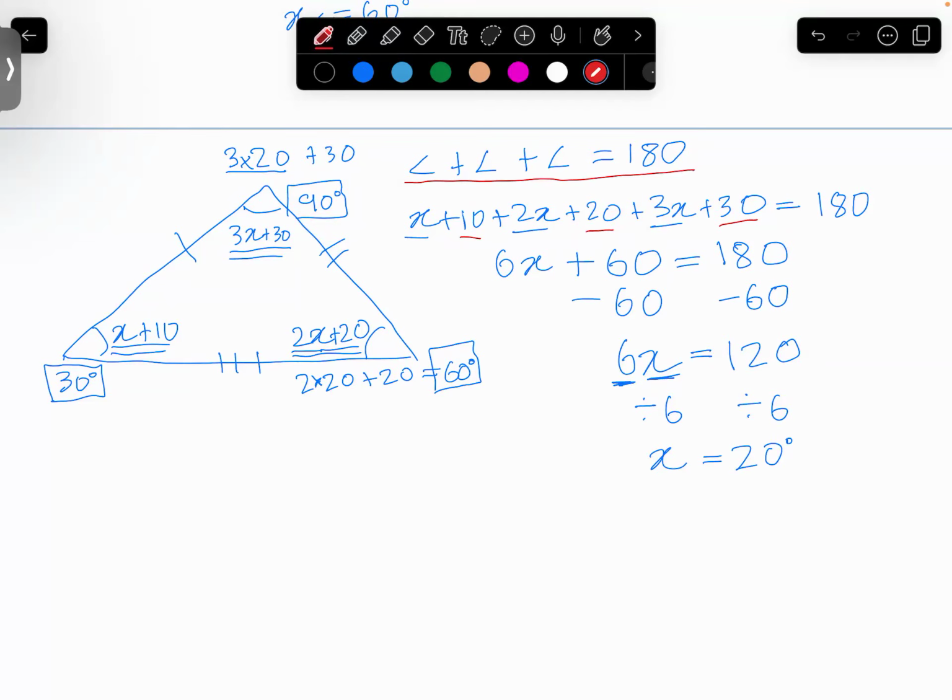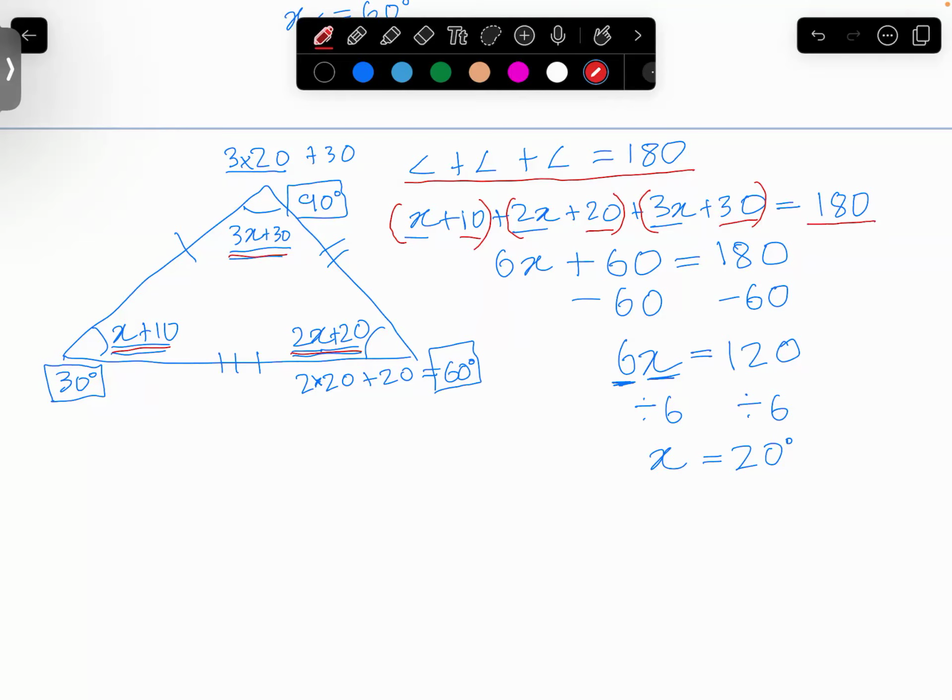So, we are adding the first one here. X plus 10 is the first angle. 2x plus 20 is the second angle. 3x plus 30 is the third angle. And that is all equal to 180.